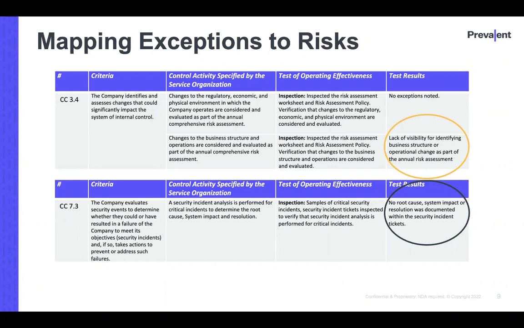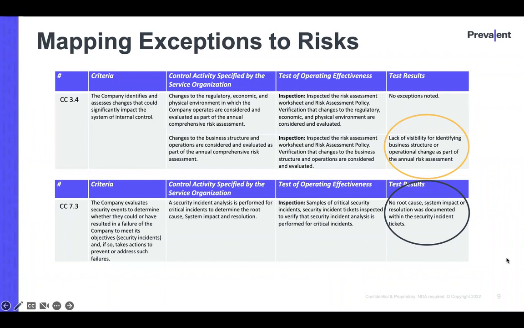Lastly, before we move on, looking at the test results themselves, because this information is coming straight from the auditor, we'll always see a slightly different variance in the way test results are reported. So there's no strict hard and fast rule in terms of the level of detail that the auditor goes into. In these cases, it's quite clear what they've seen or what they've not seen, based on the organization's controls, what they've stated they have.